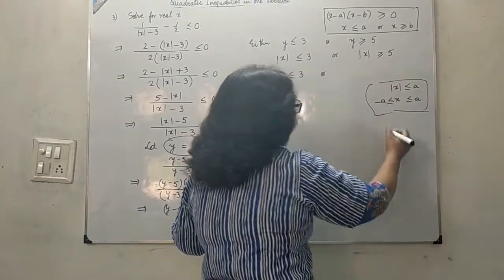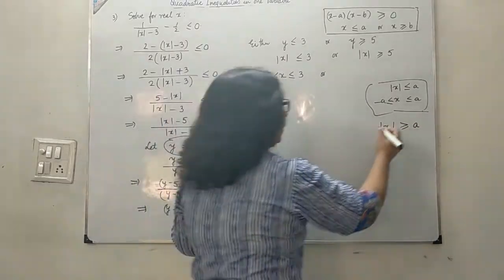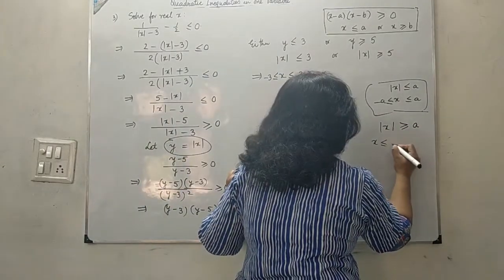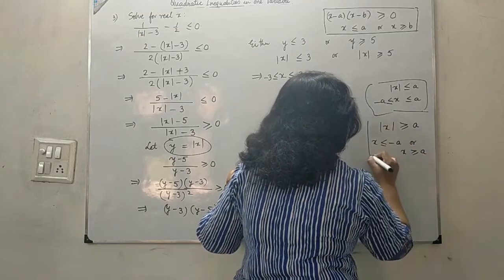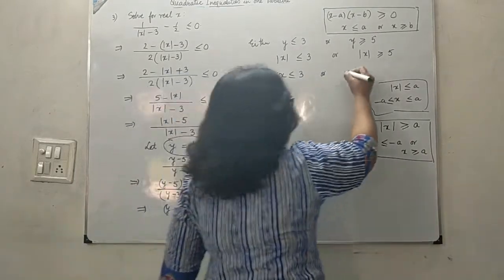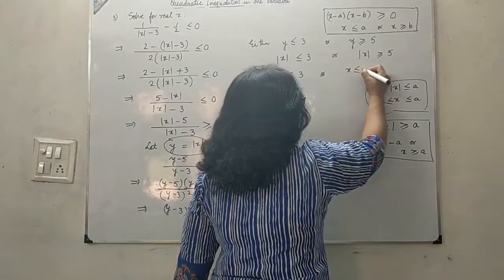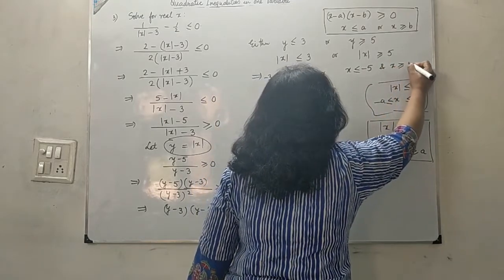Now for |x| ≥ a, we have studied that when the absolute inequality is in the greater sign, then x ≤ -a or x ≥ a, less than the smaller number and greater than the larger number. So from here x ≤ -5 and x ≥ 5.